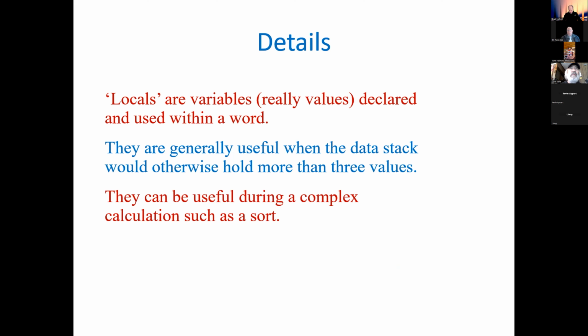I looked once at one implementation of quicksort, and doing that without local variables is quite challenging because of the complexity and the simultaneous or near simultaneous quite different actions going on.